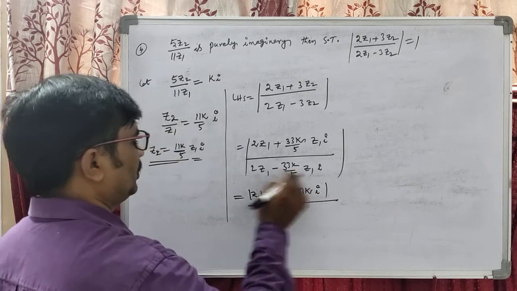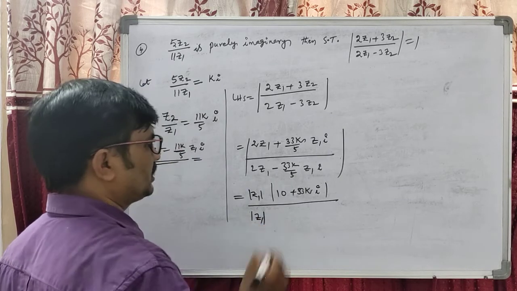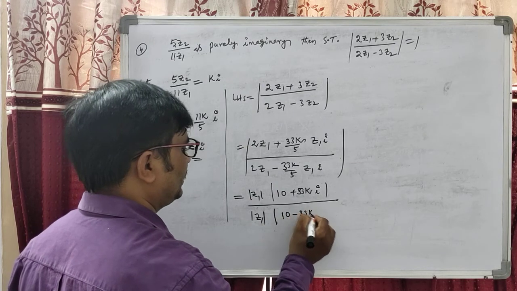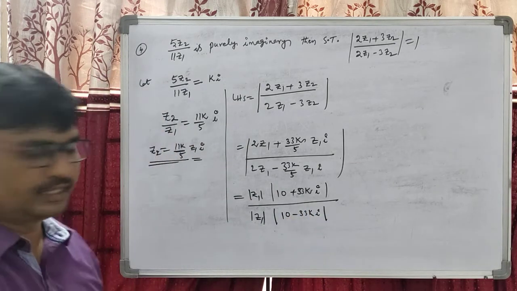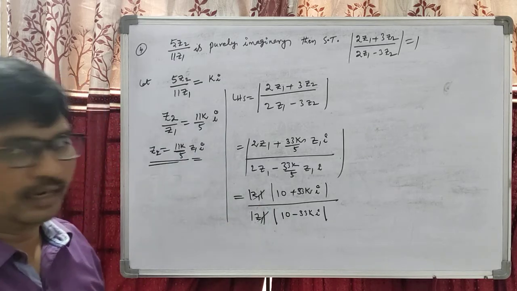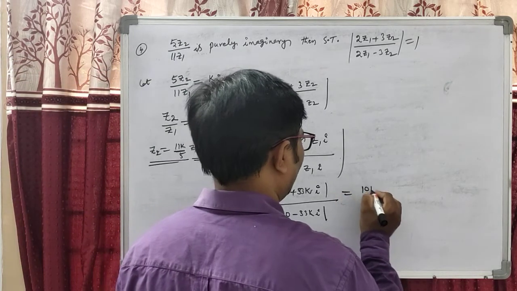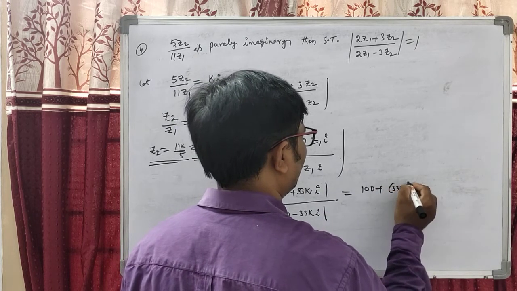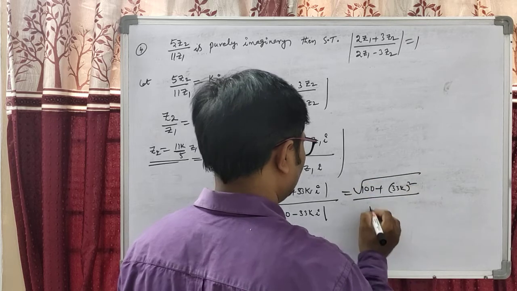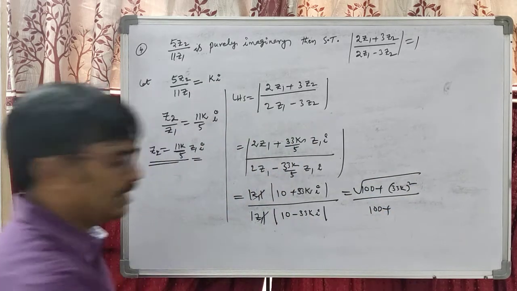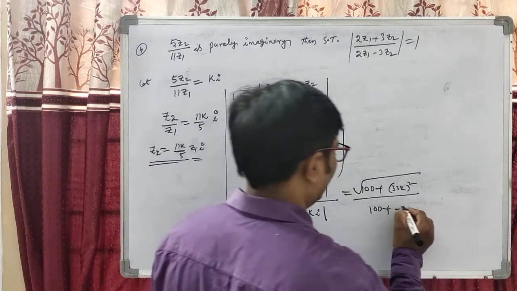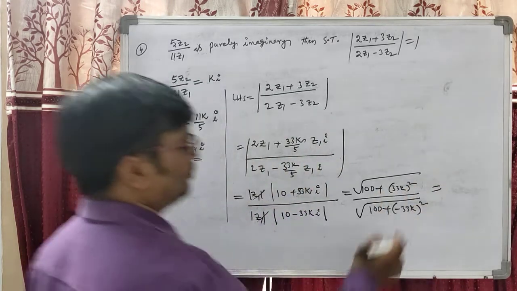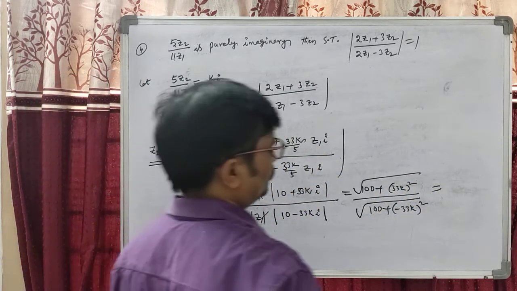After that students, how can you write this? Modulus of Z1, five 2s are 10 minus 33ki. So these two are cancelled. Now the square root of 10 squared plus 33k squared, this is also the square root of 10 squared plus minus 33k whole squared. So these are the same, minus squared is plus.